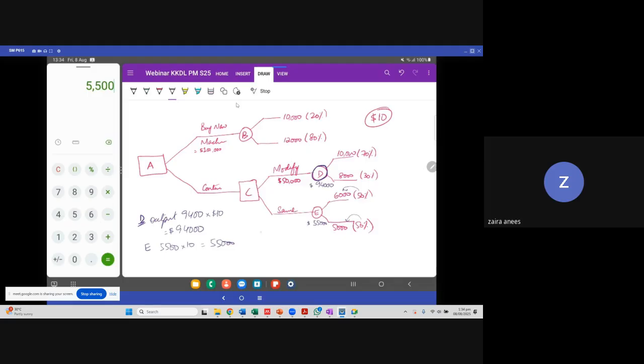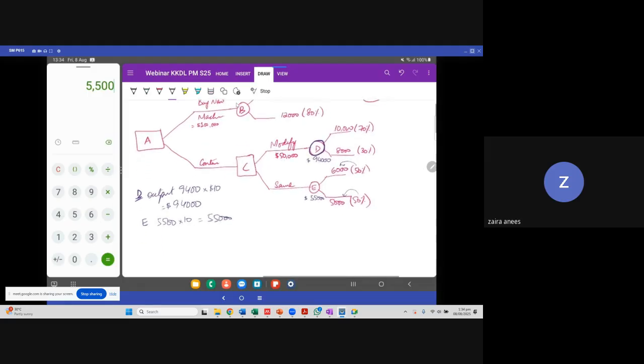Now, at point C, because we are done with this part, now we are moving towards point C. No, this one. Now we are moving to point C. Point C is a decision because that is in a square. If you modify, you will have a contribution of 94,000, but for that you have to spend 50,000.